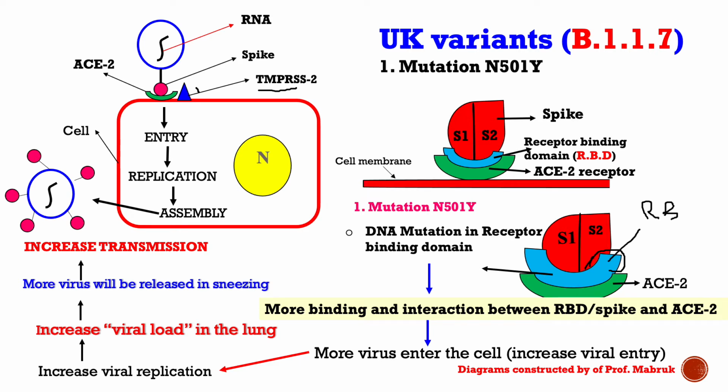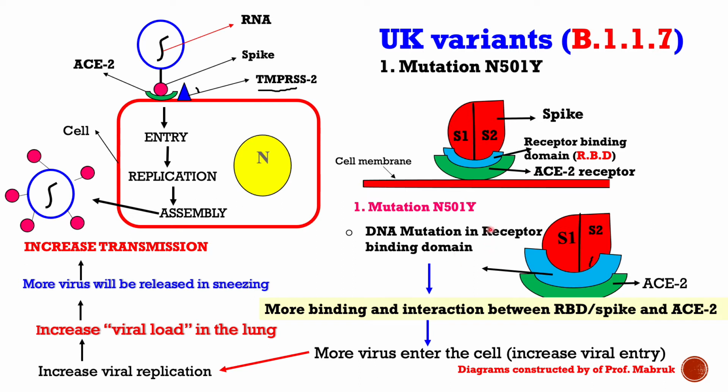For example, it's becoming thicker. This change in the receptor binding domain of the spike protein of coronavirus COVID-19 will result in more binding and interaction of the spike protein to the ACE2 receptor, or angiotensin converting enzyme 2 receptor.